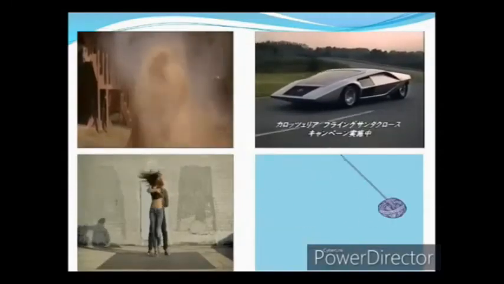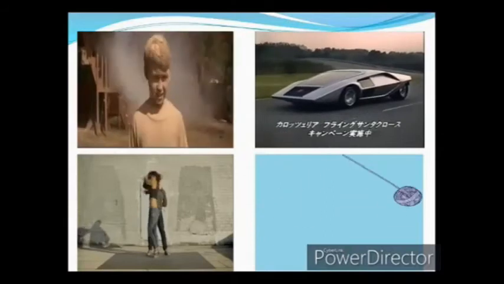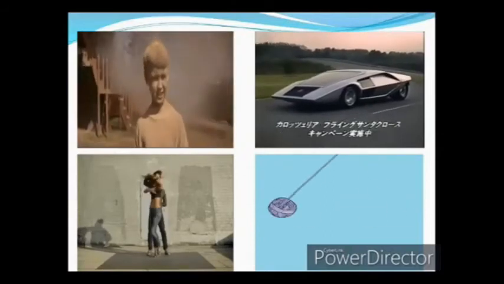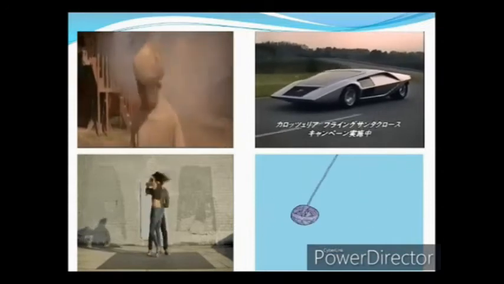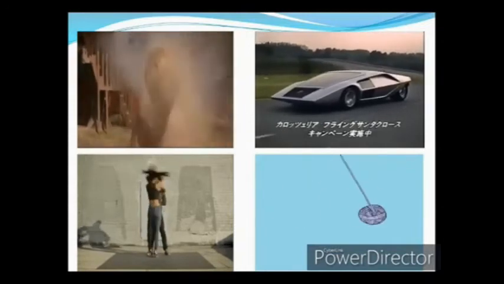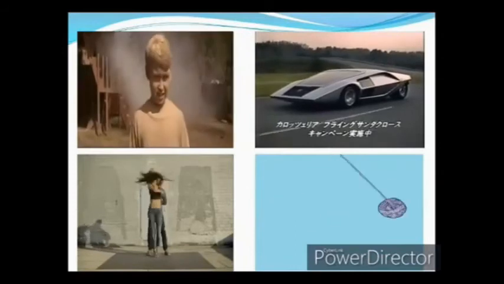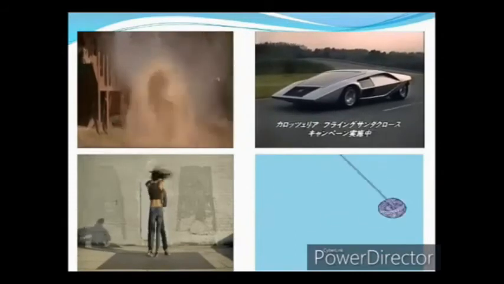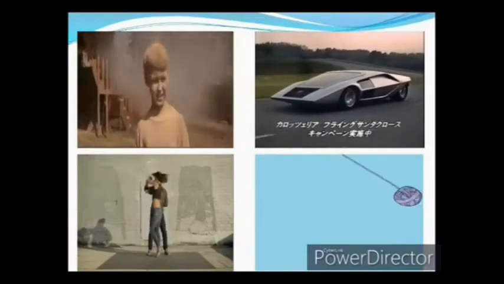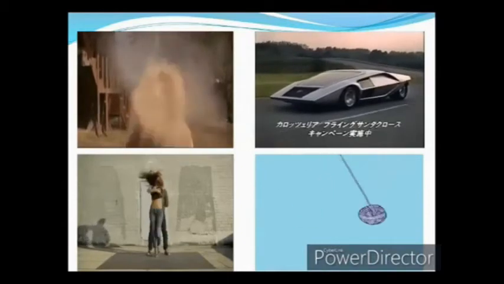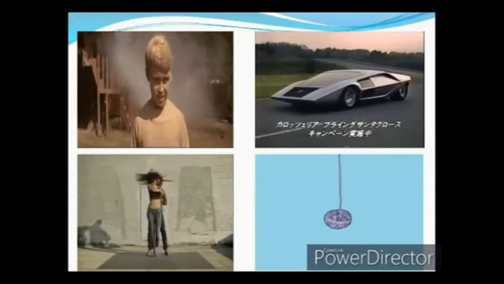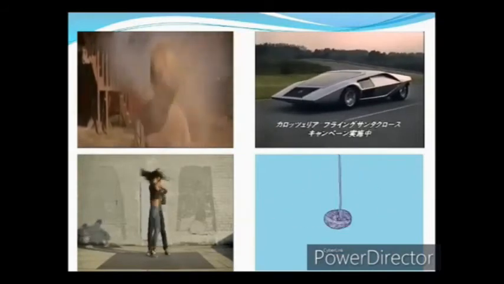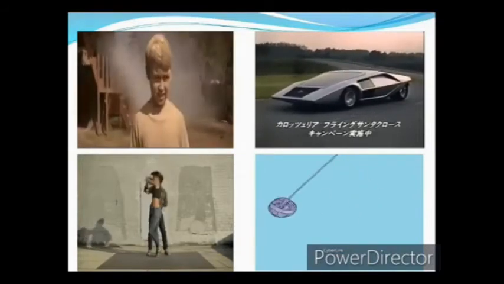In the mentioned 4 GIFs, we see that in the first one, a boy is dusting off the dirt from his head. In the second one, we see a car speeding up in its way and moving in a straight line. In the third one, we can see a girl is moving round and round.